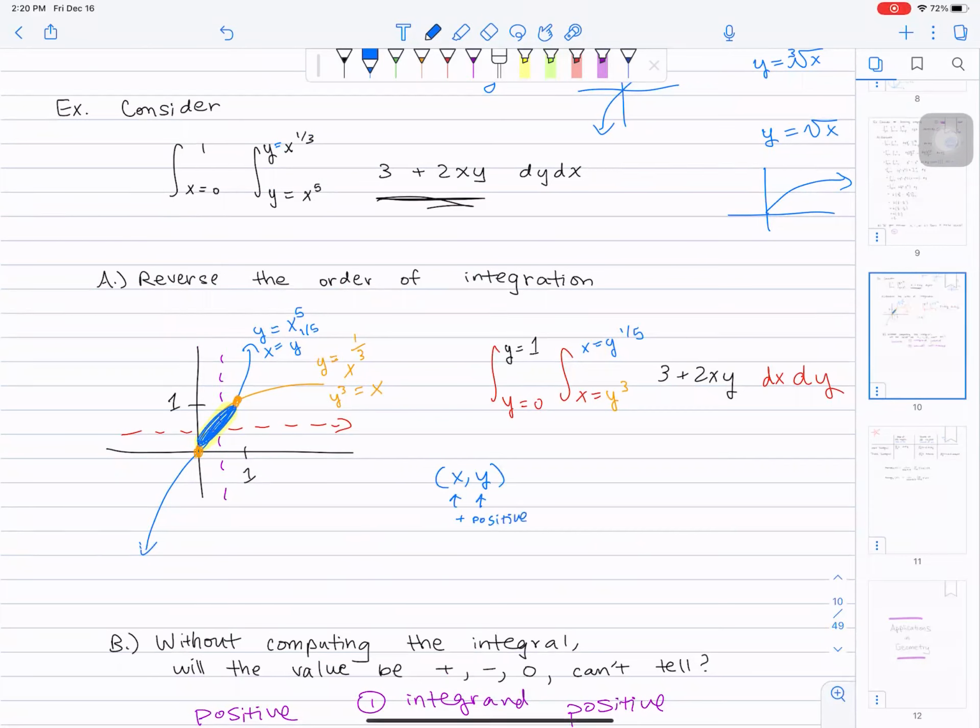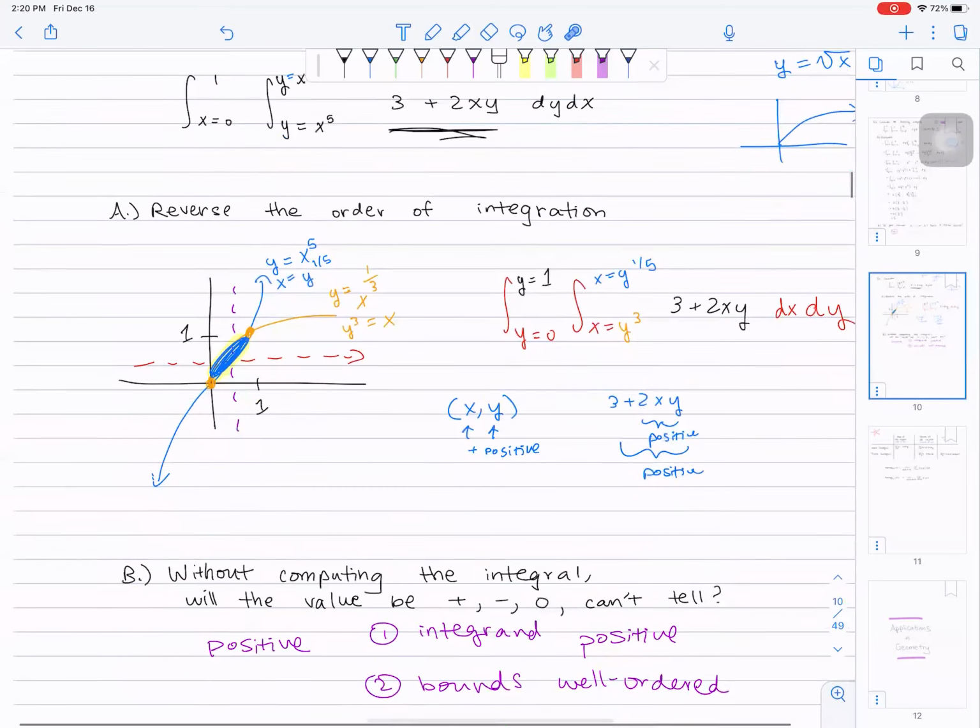And what is integration doing? It's like I'm plugging all those values into this integrand, 3 plus 2xy. Since x and y are both positive, that makes 2xy also positive. And for 3 plus 2xy, you're adding 3, so it's still positive. So my integrand, evaluated with points from this region, is always positive.